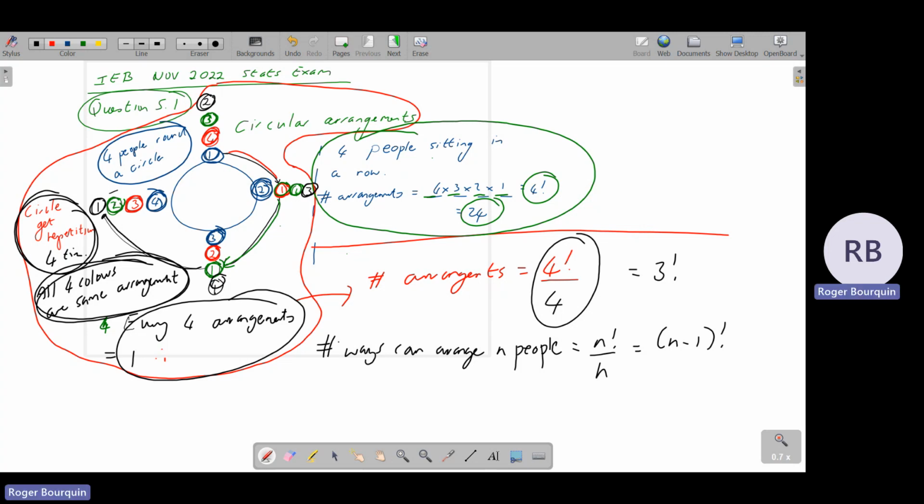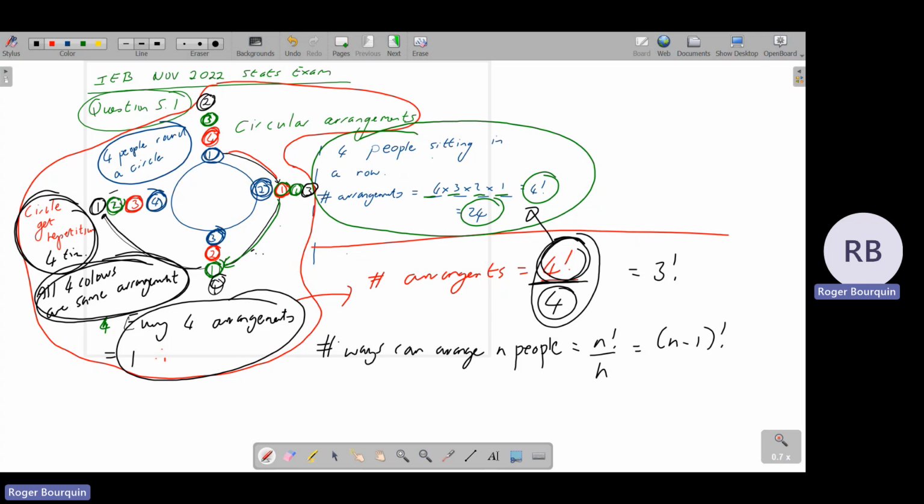So the number of arrangements: if it was a straight line, I could have 4 factorial. But because of this repetition, I've got to divide by the number of seats, n. The number of repetitions is n, just like over here the number of repetitions is 4.